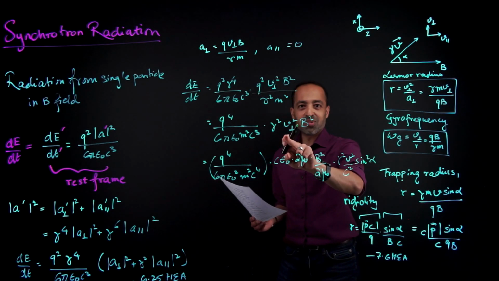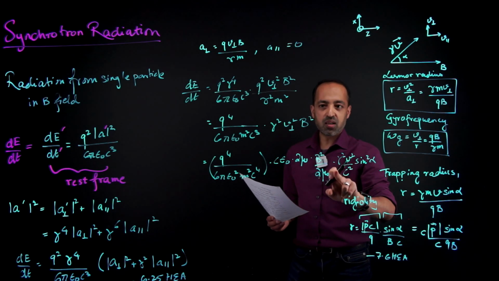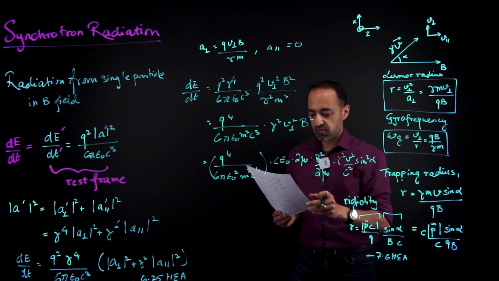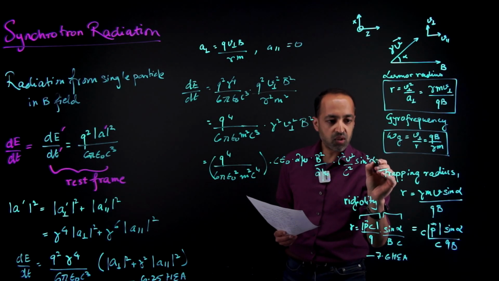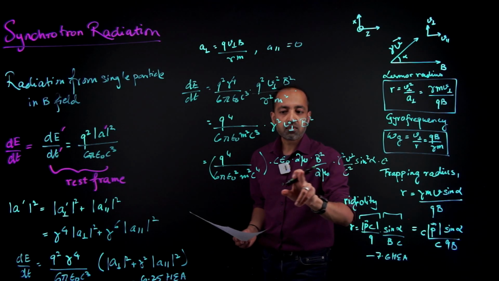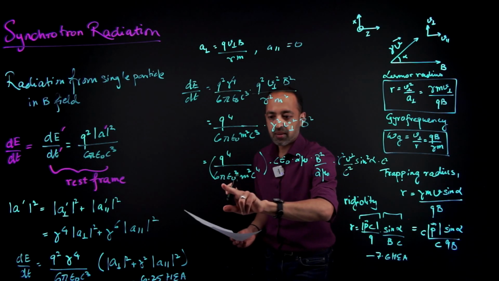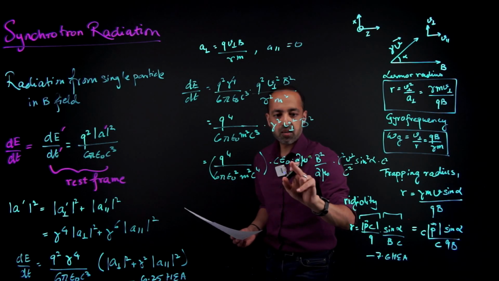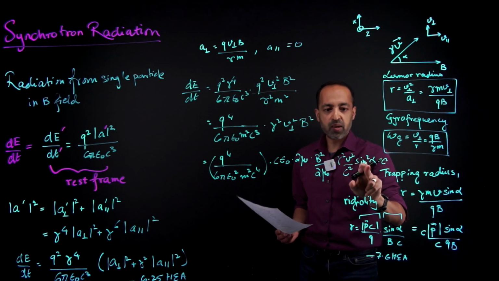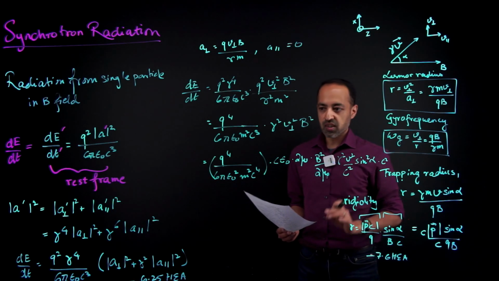So the sine squared alpha comes from this v perpendicular squared, this gamma squared comes from here, and then I've just written additional factors of v squared over c squared, and I'm going to multiply this by c squared. So v perpendicular has become v sine alpha, that's squared, then I multiply and divide by c squared, that's all I've done here.